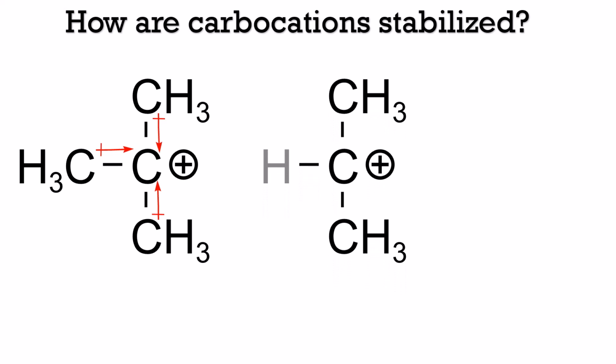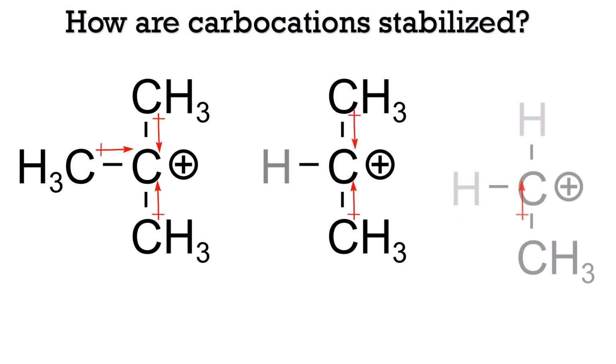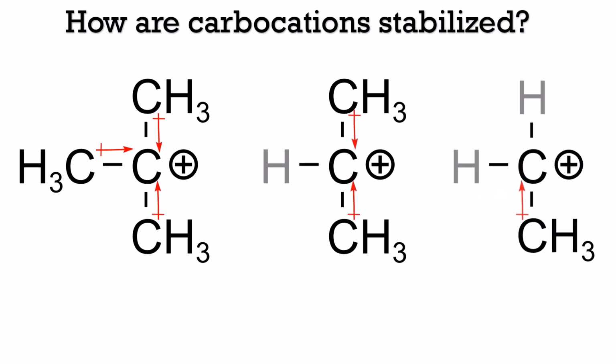With the secondary, notice you lost a carbon. So that carbon has been replaced with a hydrogen. So now you only have two carbon-carbon bonds feeding into the carbocation. And with the primary, you only have one carbon feeding into it. So you can see that the dipoles help to stabilize that carbocation, and the fewer carbon substituents you have, the less electron density you have around the carbocation.